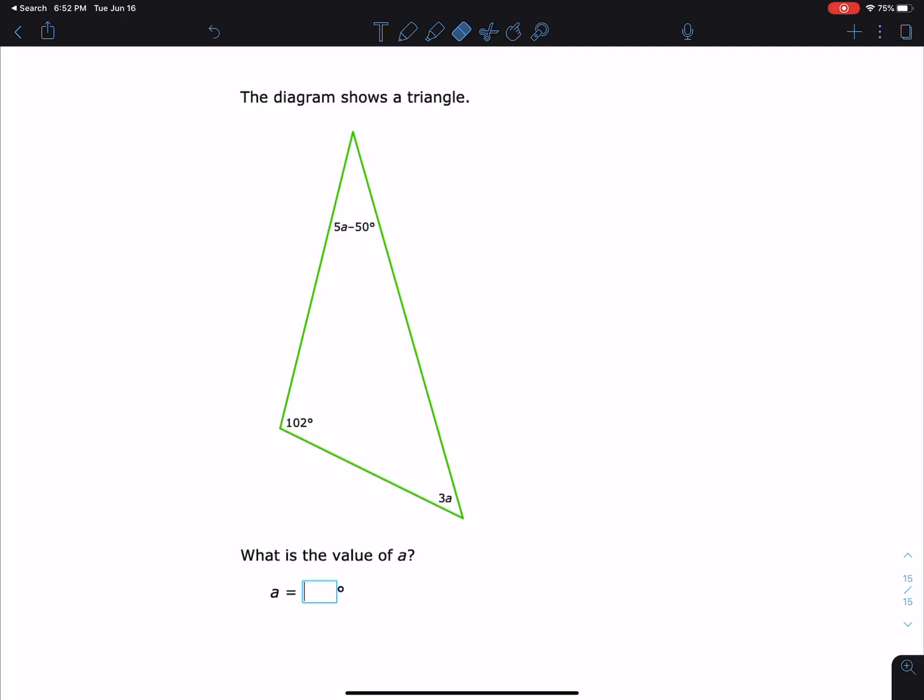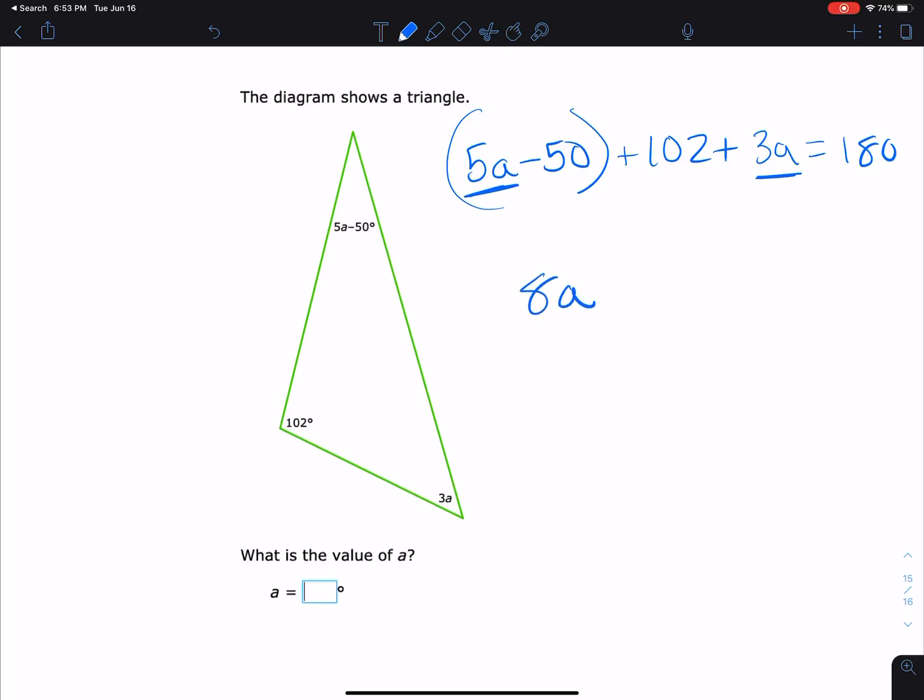All right, so let's go ahead and write our equation. Now, I would say, guys, these are easy problems, so my recommendation is don't miss them. Write them out. Okay, so let me see. I'm going to go ahead and add my variables together, so that would be 8a.